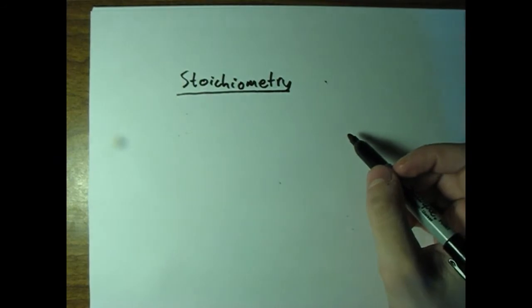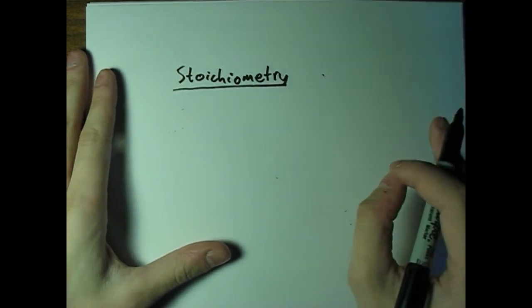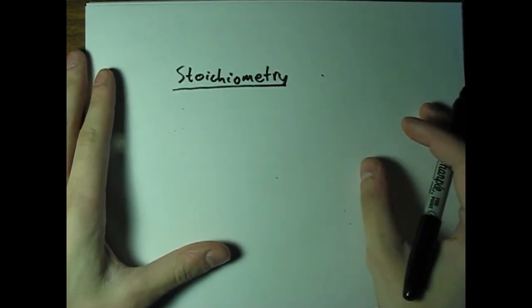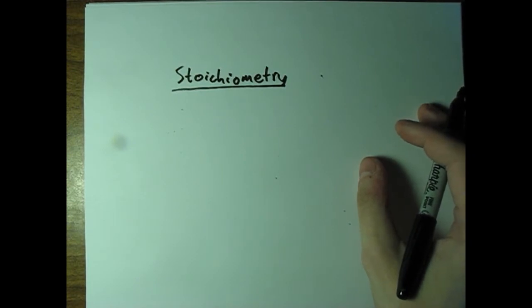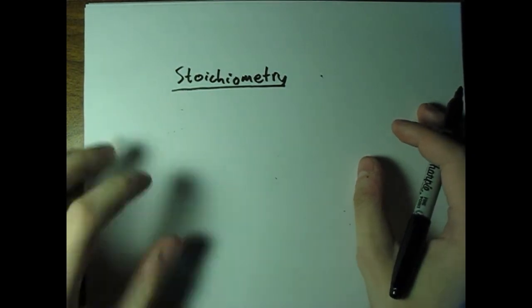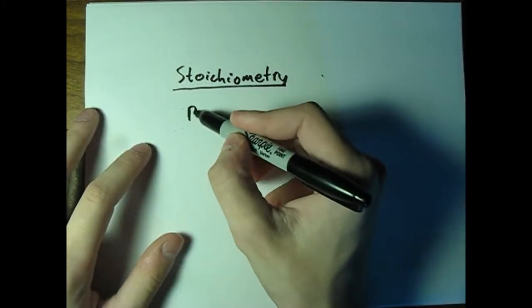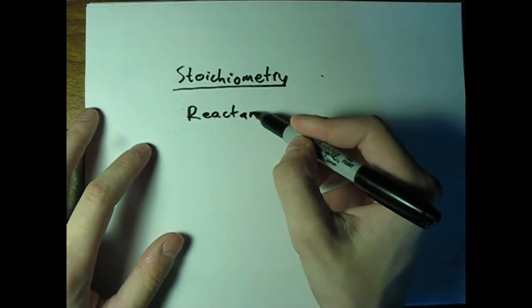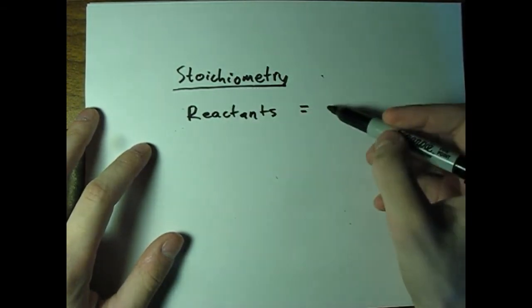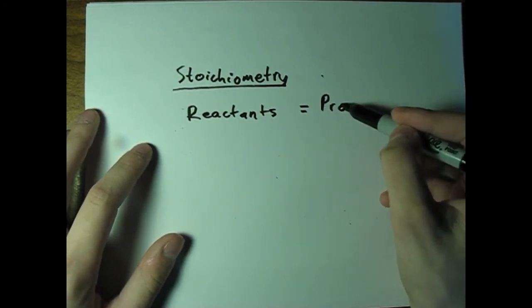So what is stoichiometry? Well, conservation principles tell us that matter can neither be created nor destroyed. So the amount of matter you have on the reactant side of a chemical equation has got to be equal to the amount of matter you have on the products side.